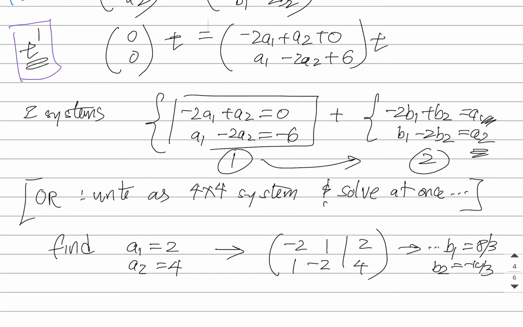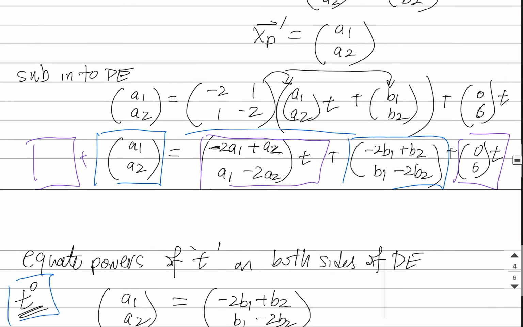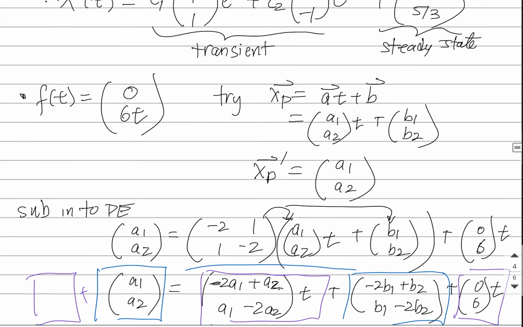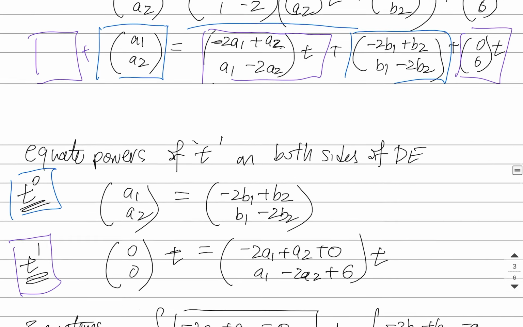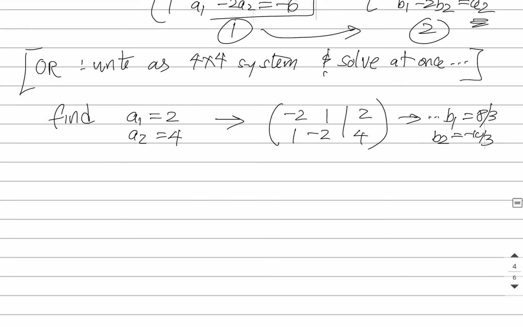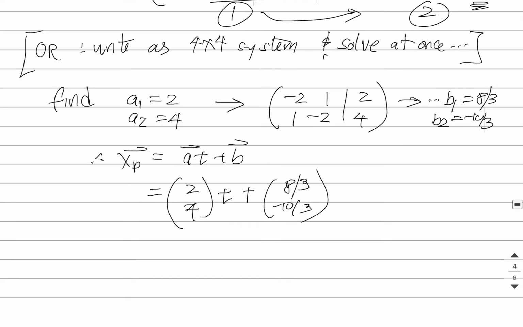So the undetermined coefficient method is nothing but bookkeeping. Way back when we decided up here to determine the form of our solution, we have now found it. So the particular solution is this AT plus B. So we've just found that we'll get 2, 4 into T, 8/3, -10/3 as that constant term.